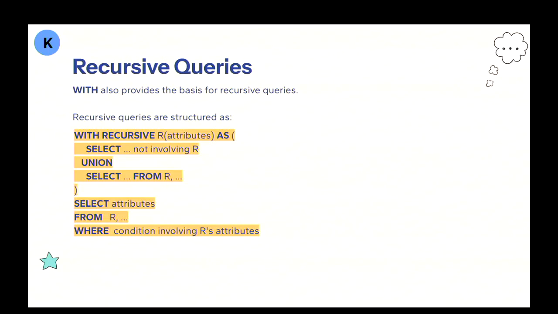So please try to remember what you have learned in your algorithms. It's like for recursion, you need to have an initial state. And the initial state here is the first select. And the second select involves the relation we have declared in the with clause.